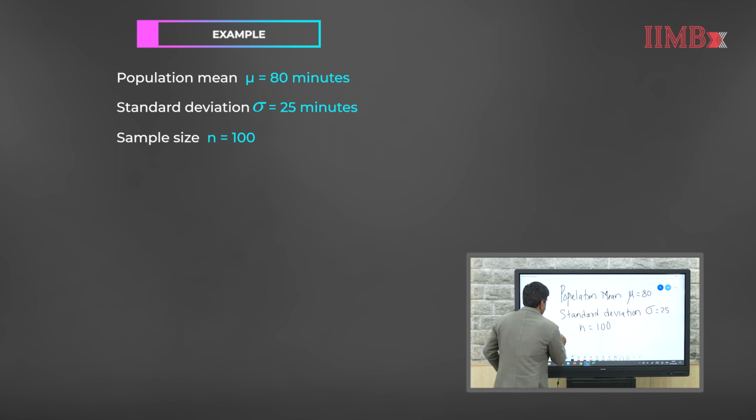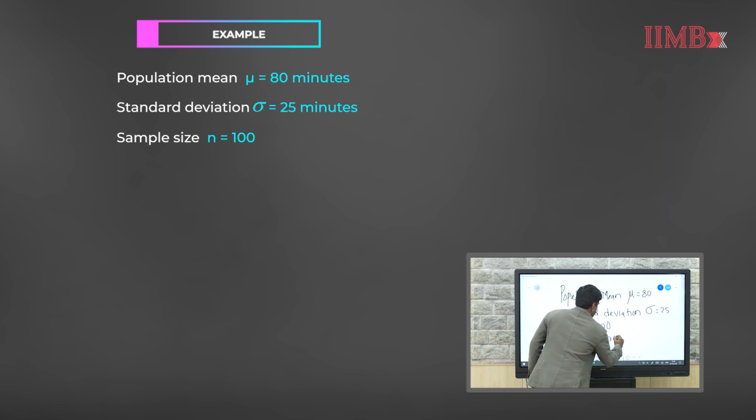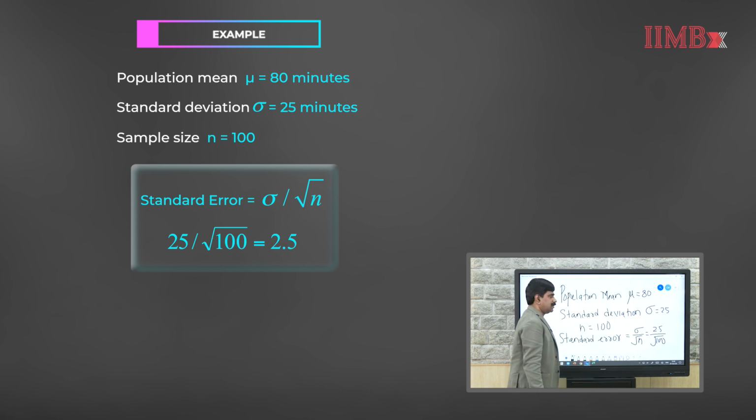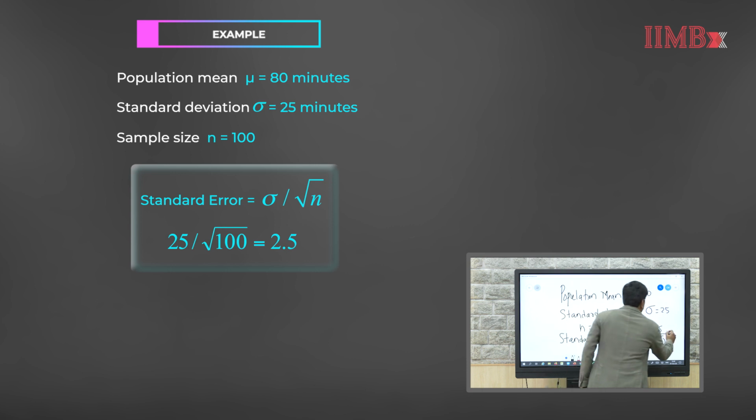So the standard error of the sampling distribution will be sigma divided by square root of n, which is 25 divided by square root of 100, so that will be 2.5.